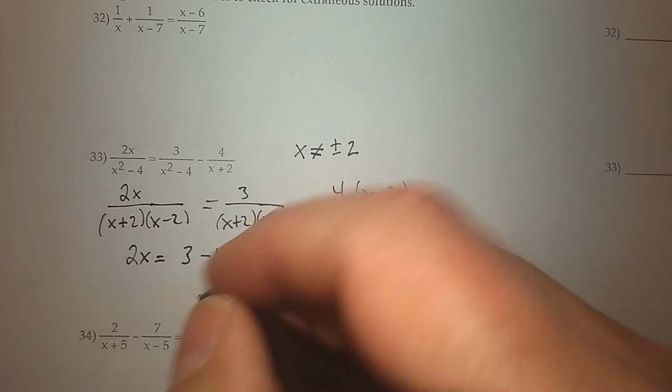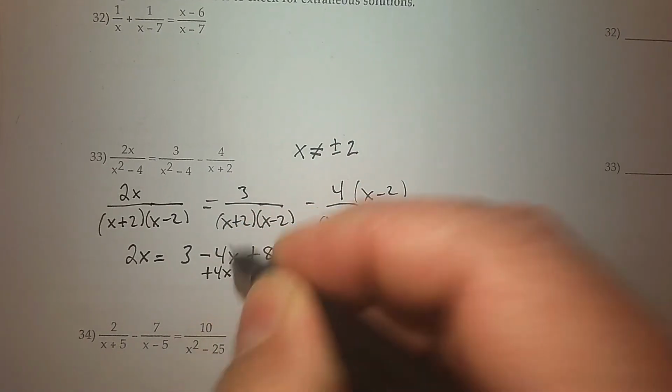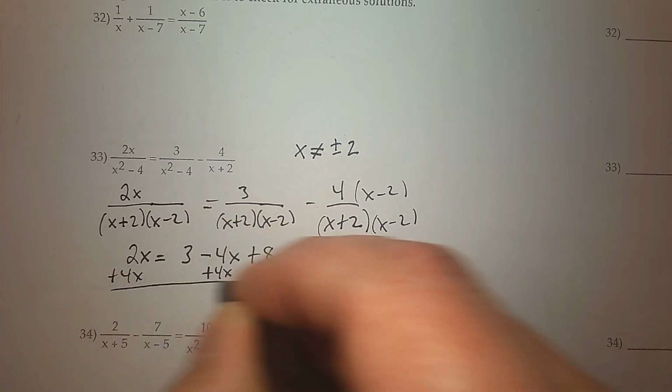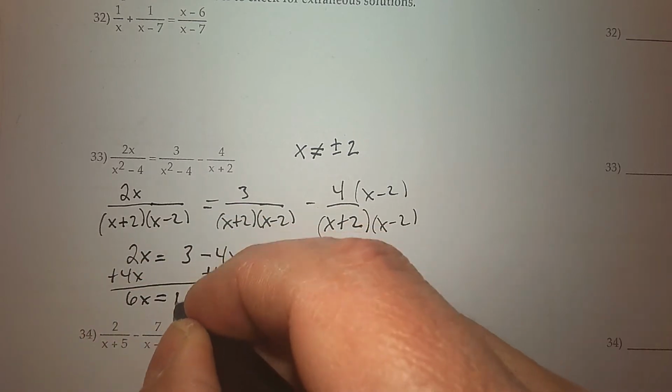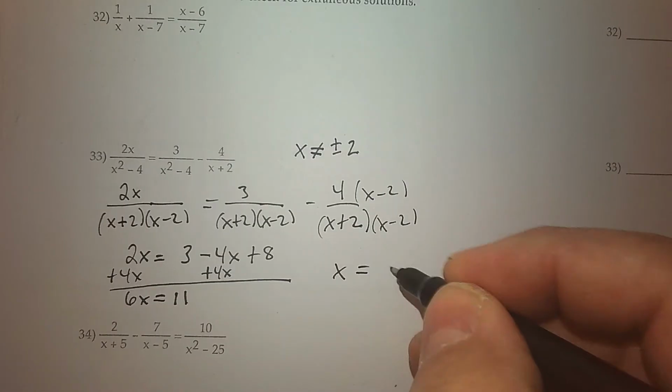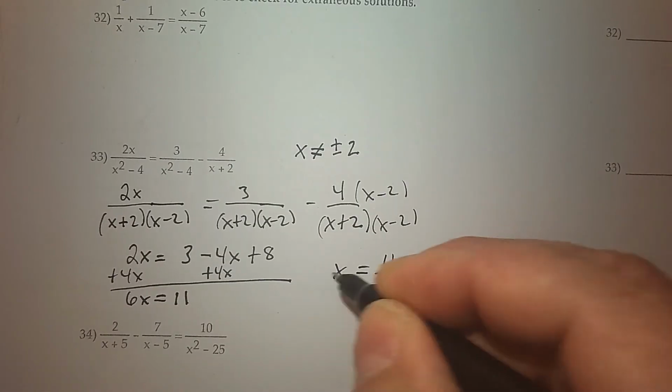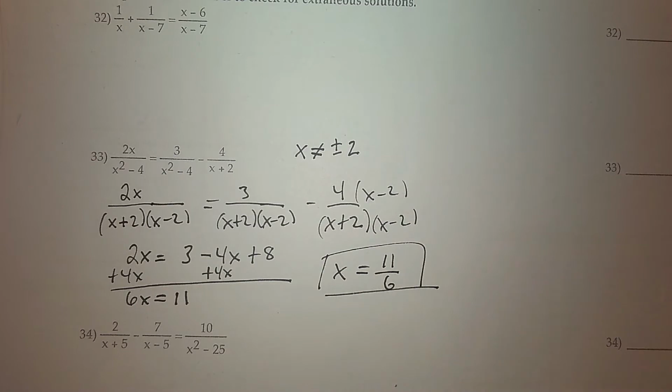So I'm going to add 4x. I'm going to go 3 plus 8, which is 11. And then the last step is to divide. Is that a good solution? Yes, it's not one of the restrictions, and it's done.